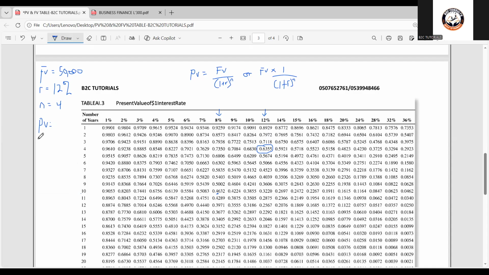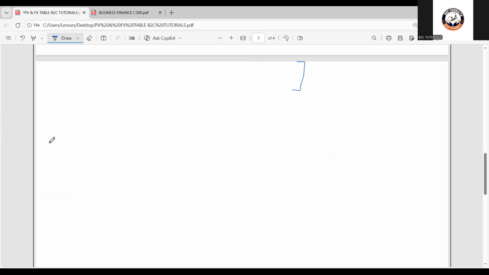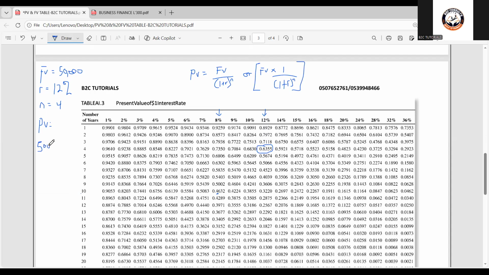So it is going to be the 50,000 using this formula, the 50,000 multiplying the 0.6355, and that would give us our present value.